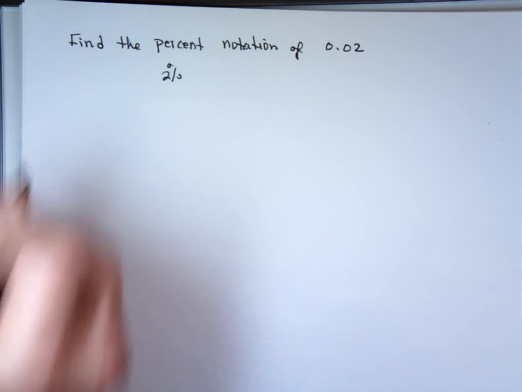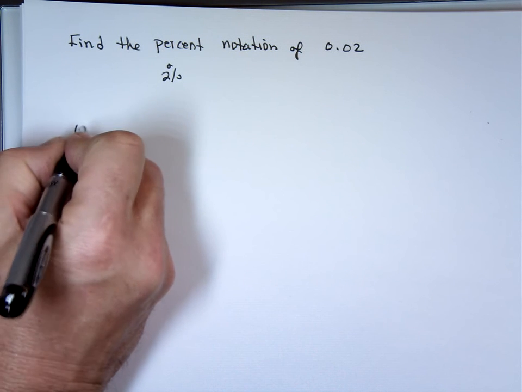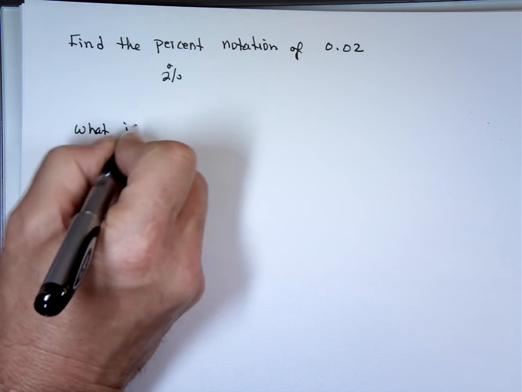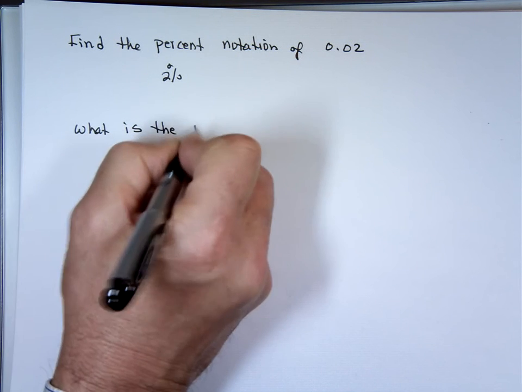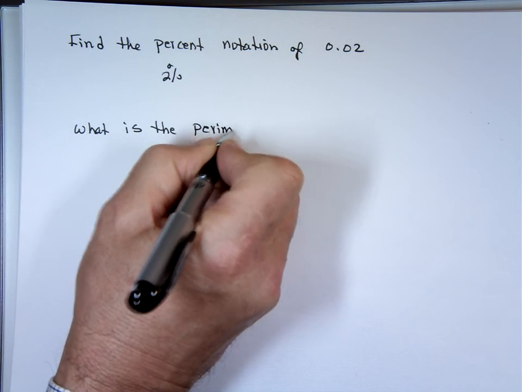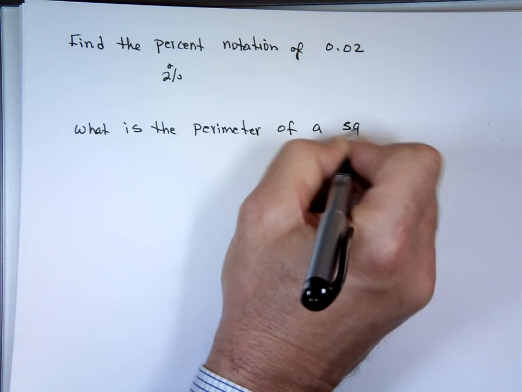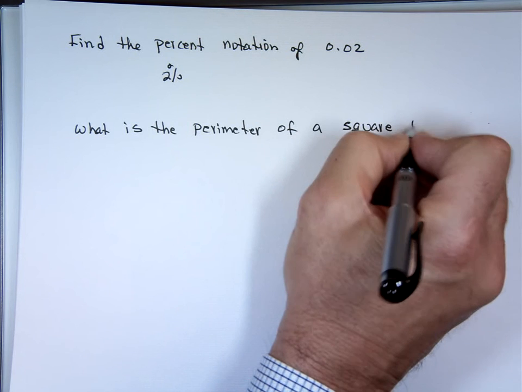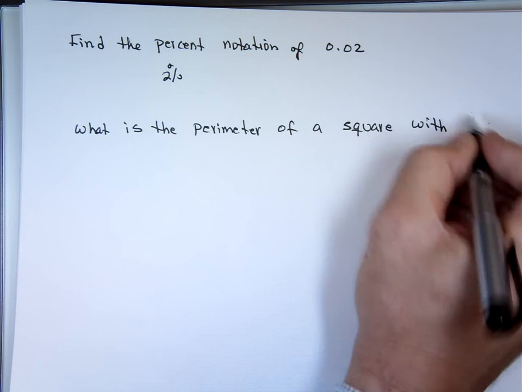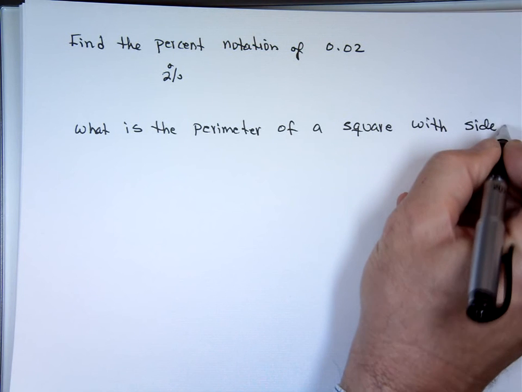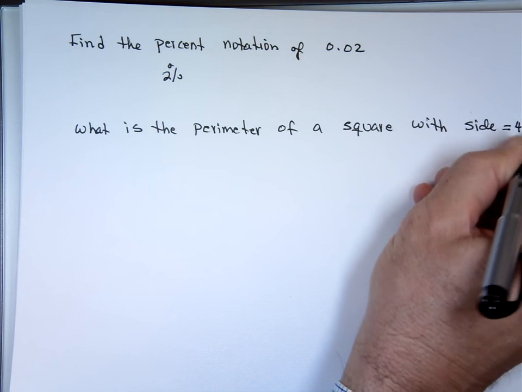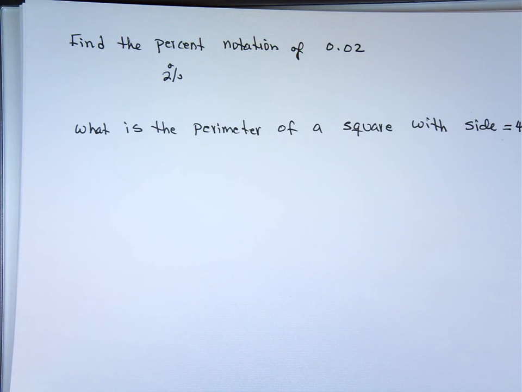Next one. What is the perimeter of a square with side equals 4 inches? So a square means what?